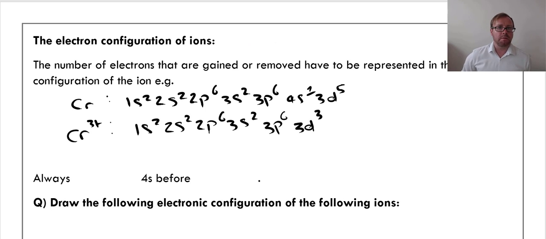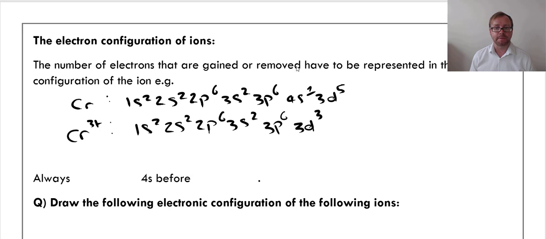Okay, so moving on, the electron configuration of ions. The numbers of electrons that are gained or removed have to be represented in the electron configuration of the ion. I've already written out an example for you, you need to copy it down. For chromium, it would be 1s2, 2s2, 2p6, 3s2, 3p6, 4s1, 3d5.